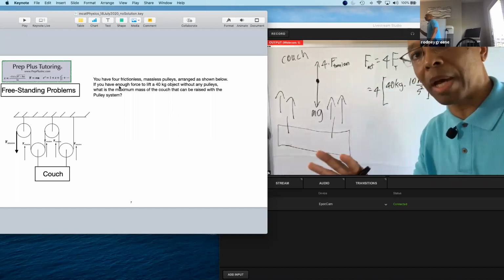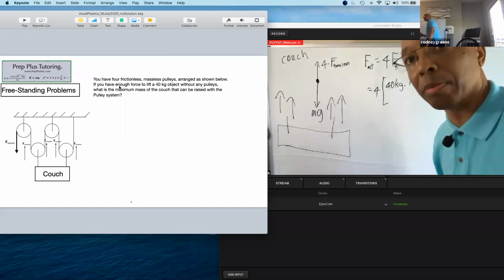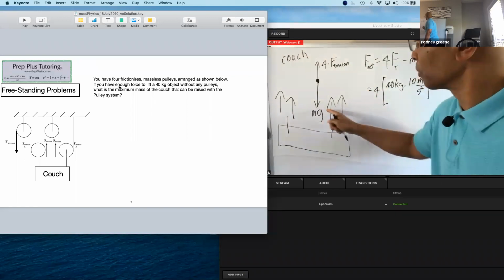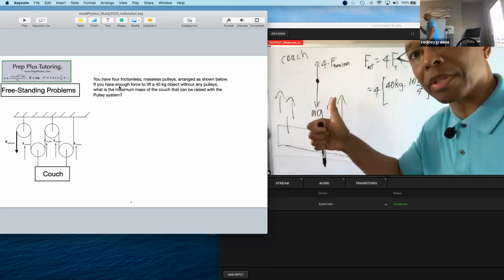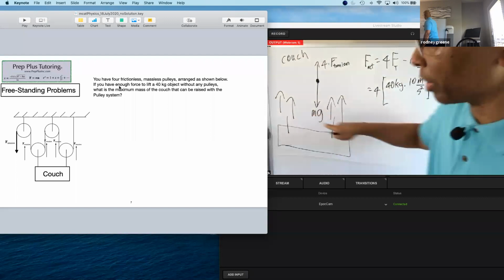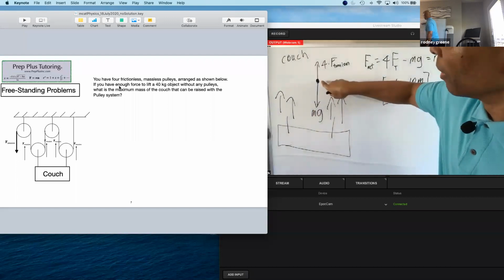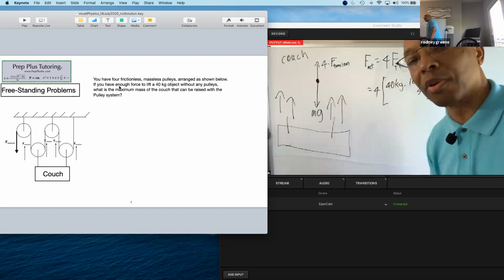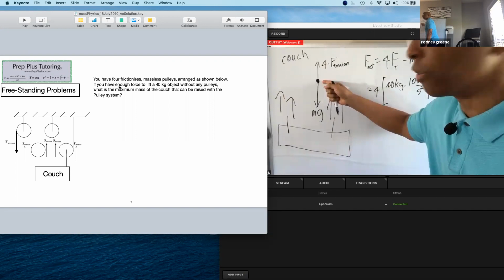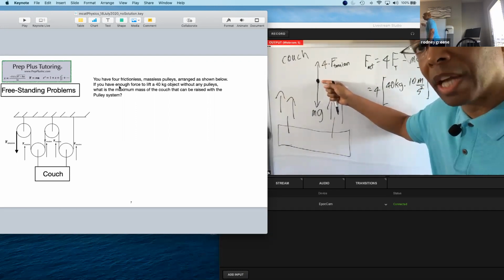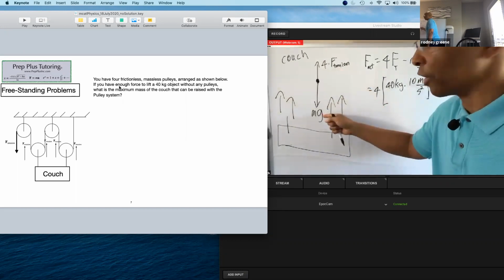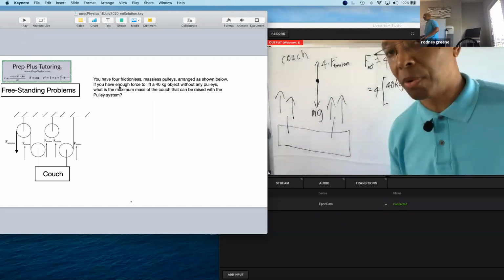The only thing that matters is how many tensions are pulling up on it. And in this problem, there are 4 of them: 1, 2, 3, 4 ropes pulling up on this couch. All of those forces, even though they're all over the place, act as though they're acting on a single point, the center of mass of the couch. So the couch collapses into one dot, and all the forces act on that one dot. You have 4 tensions pulling up, and then you have gravity pulling down. So thank you very much for that question.